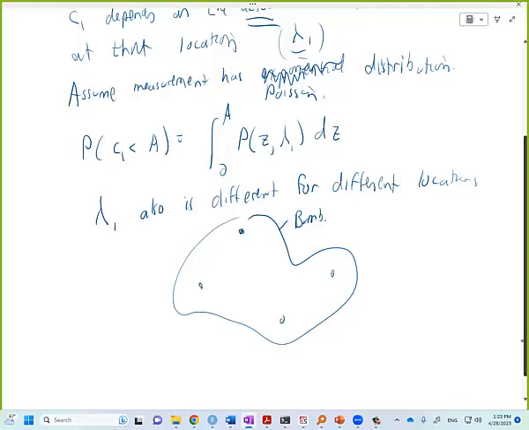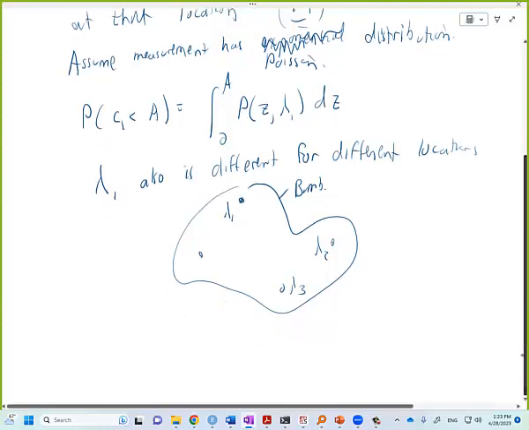So this one would have lambda 1, this one lambda 2, this one lambda 3. Inside each region, there's a different rate. Okay, that's clear.